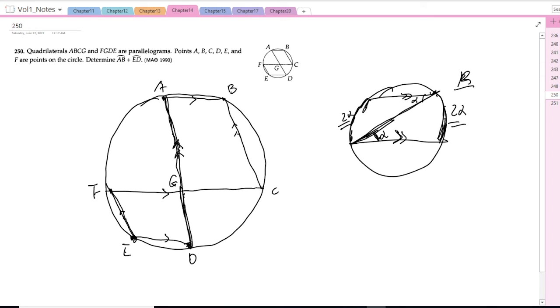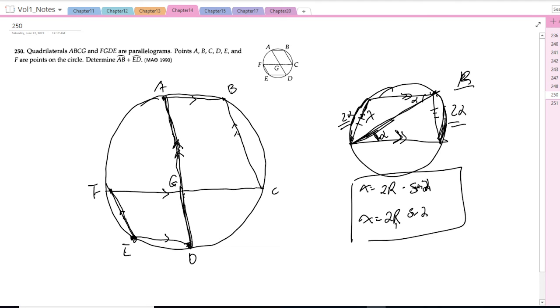So now you know this chord is equal to this chord, because this chord x is equal to 2r times sine alpha, right? Based on the law of sines. And x is also 2r times sine alpha. So if r is fixed within this circle, it's proportional to the sine of the spanned angle.